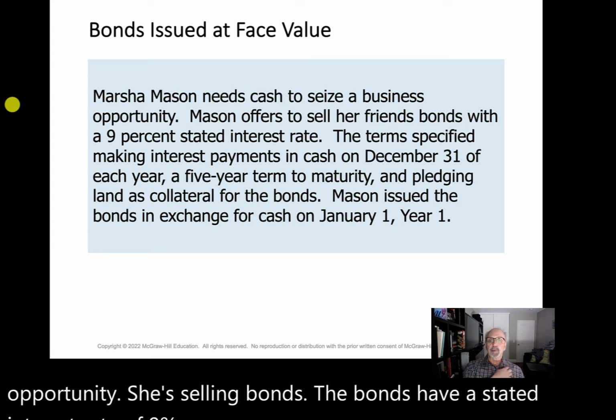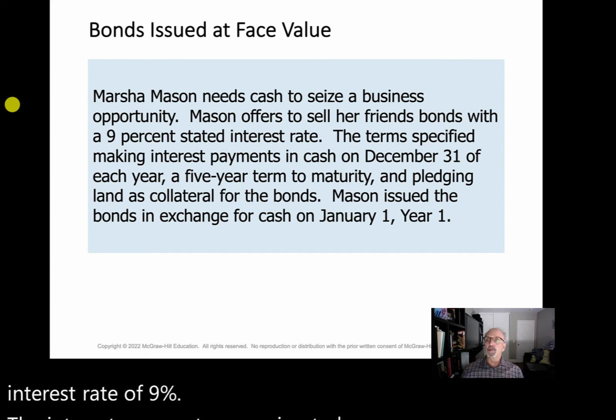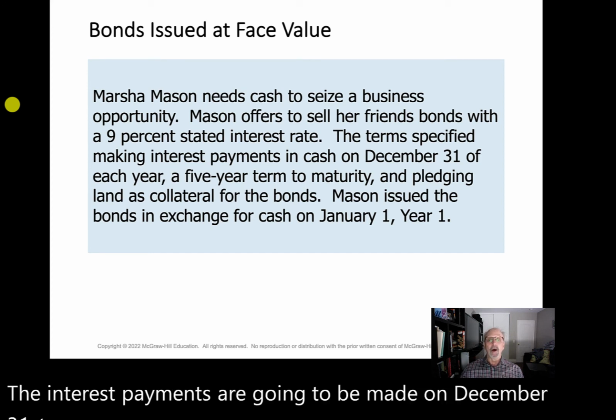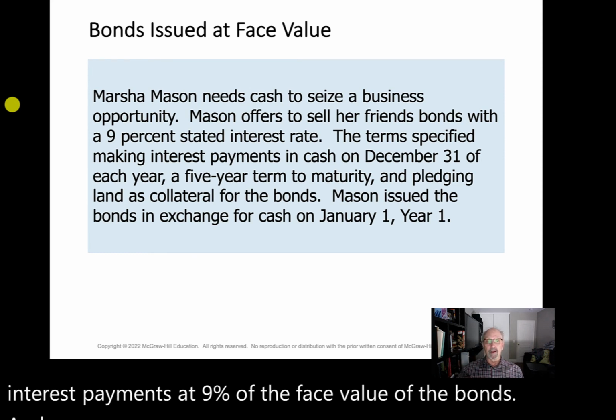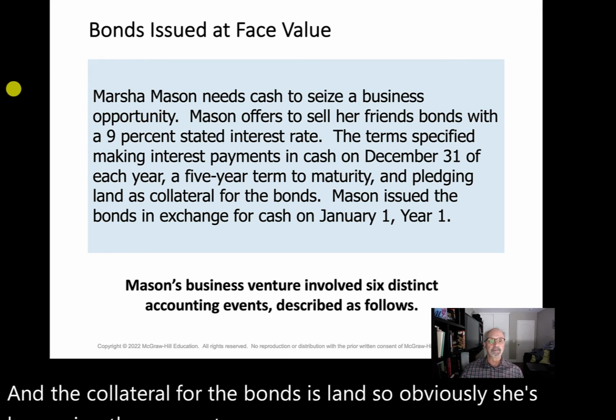The interest payments are going to be made on December 31st each year of a 5-year term. So she's making 5 yearly interest payments at 9% of the face value of the bonds. And the collateral for the bonds is land. So obviously she's borrowing the money to buy the land.